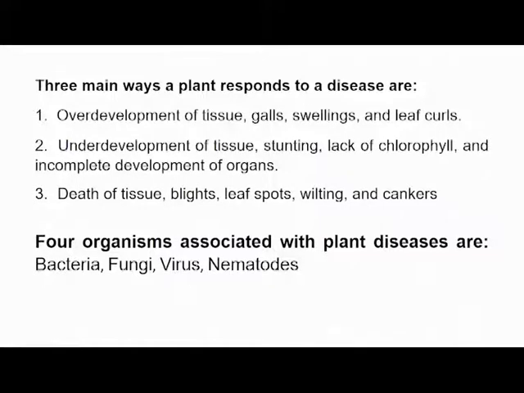For example, you may notice overdevelopment of plant tissues, or galls, or some swellings or leaf curls. You will notice these abnormalities on the plants, and you can know that this plant is abnormal and might be infected with a certain disease.